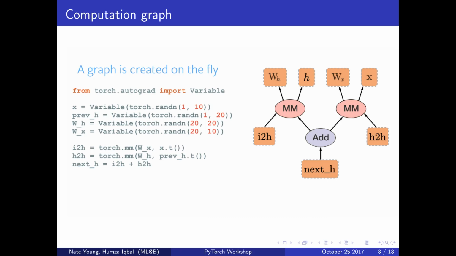We're making another one with shape 1 by 20, one with shape 20 by 20 and one with shape 20 by 10, and we're doing some matrix multiplies and the addition, and you can see in this graph how we come to do that. We start with our variables w sub h and w sub x, we do matrix multiplies, we get some partial results, we add those up, and then we get our output.